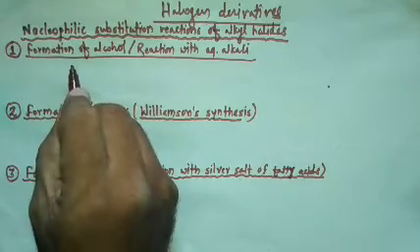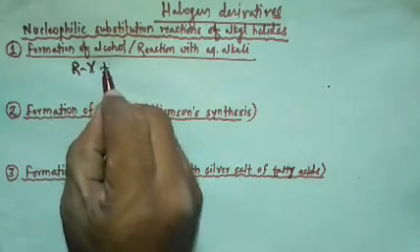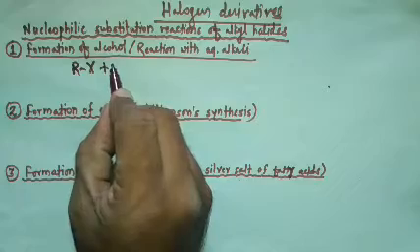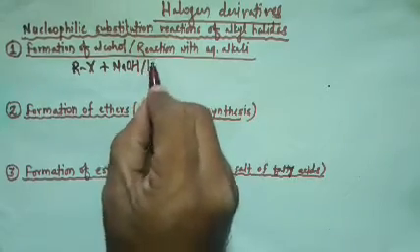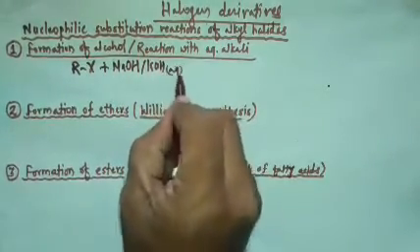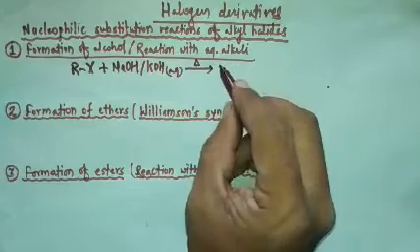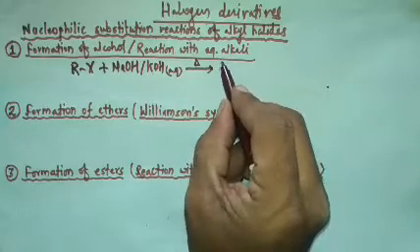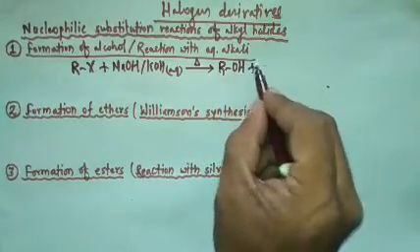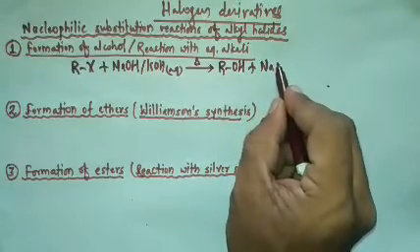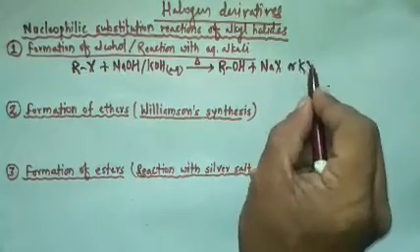In general, the reaction is: alkyl halide, when it is reacted with aqueous alkali like NaOH or KOH, and here heating is required, then we can get alcohol, that is ROH, and here the byproduct may be NaX, that is sodium halide or potassium halide.